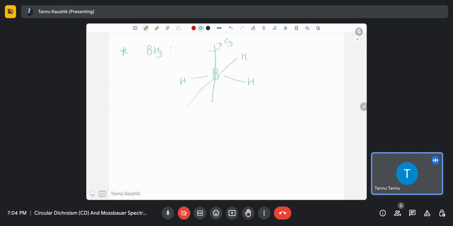Then it has 3 C2 axes of rotation perpendicular to the principal C3 axis, which are passing through each of the BH bonds.